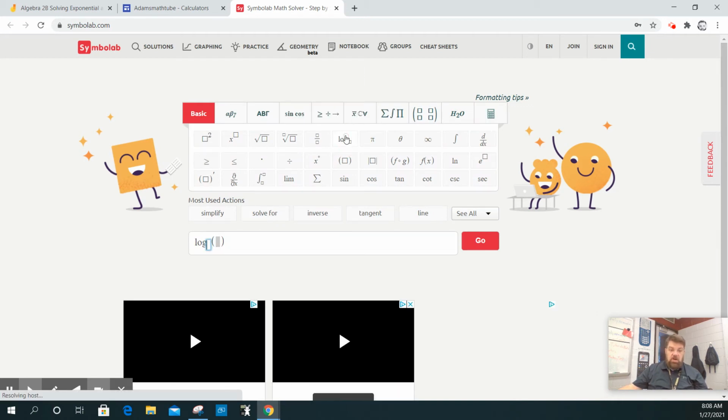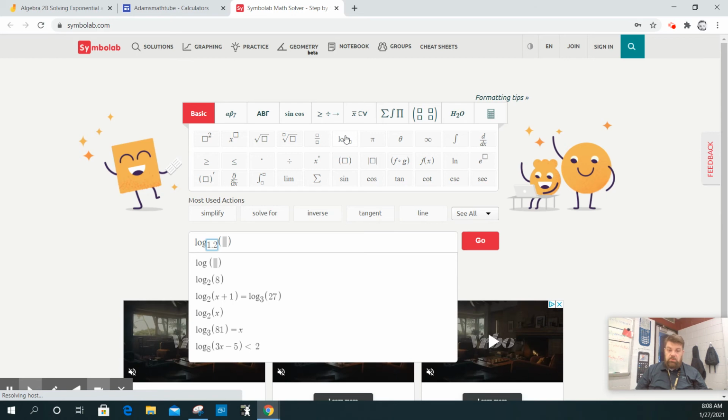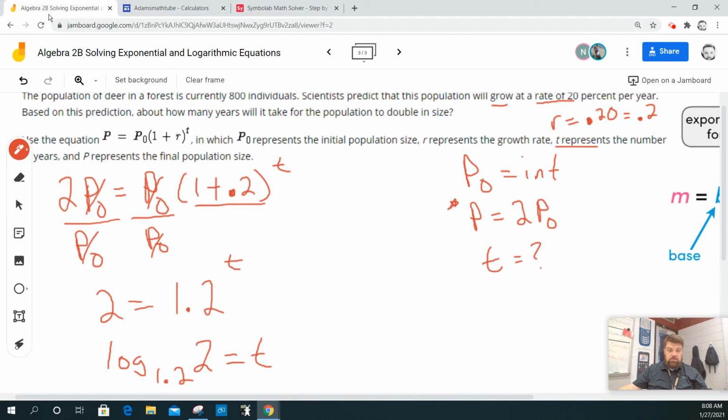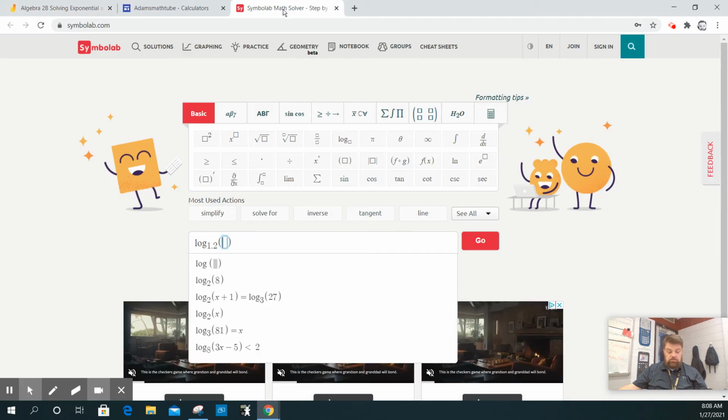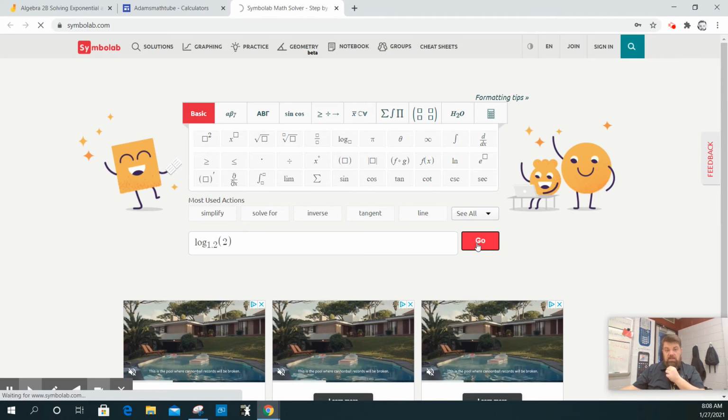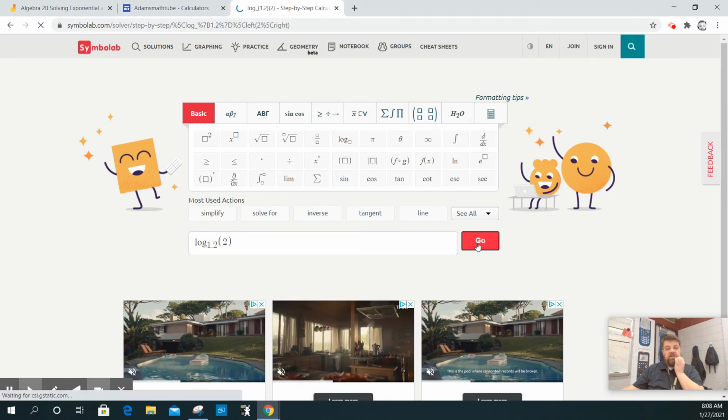So I'm going to put the log base 1.2 of, what was it? 2. And then I hit enter. Well, I hit enter, but the computers are going really slow today.